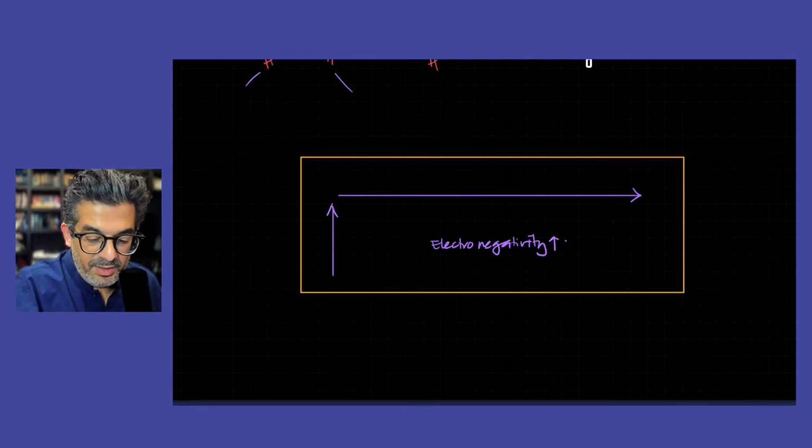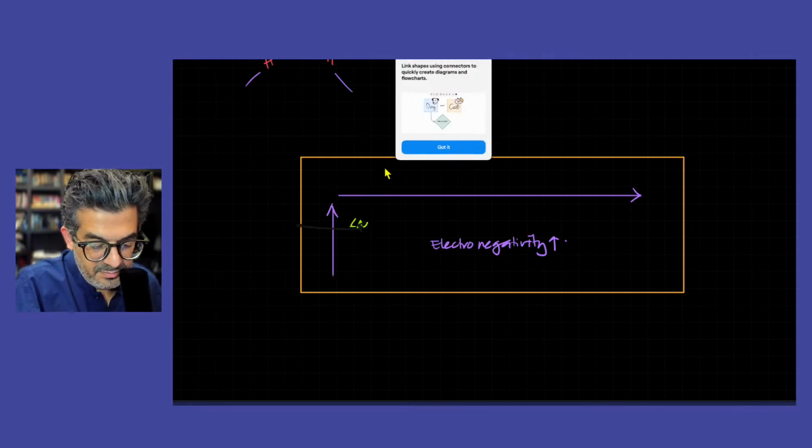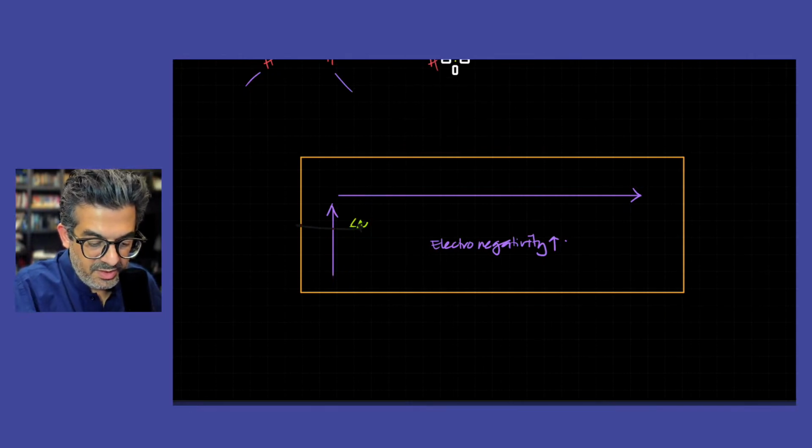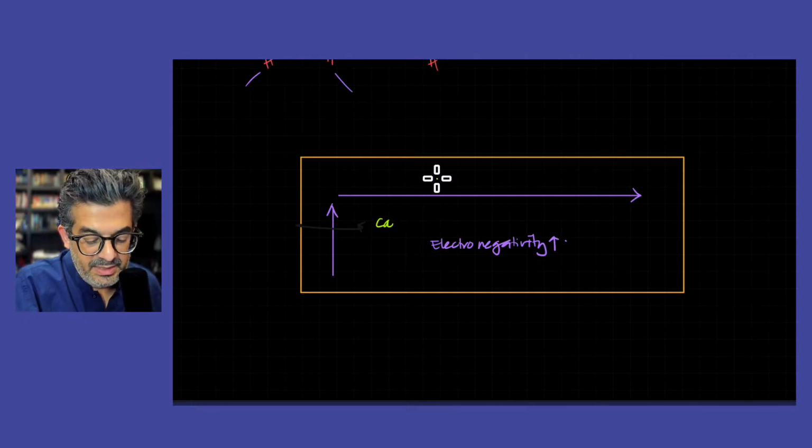And so what do I know about aluminum? Well, calcium is in group 2 and aluminum is in group 3 and above it.